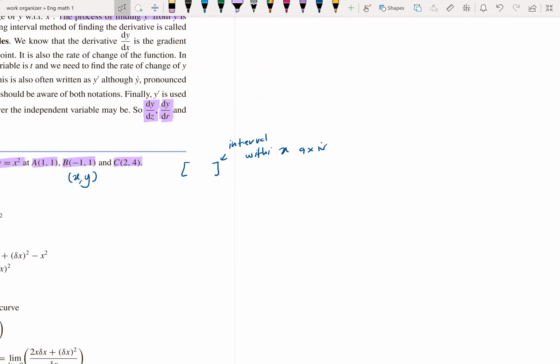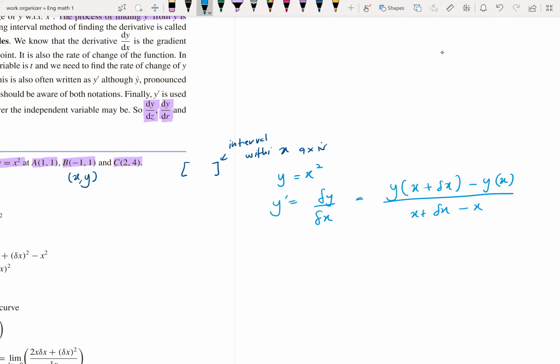Here we have y equals x squared. This is the function given to us. Then we are going to find y prime, or you can say delta y over delta x, and this is the formula: y of x plus delta x minus y of x, over x plus delta x minus x.